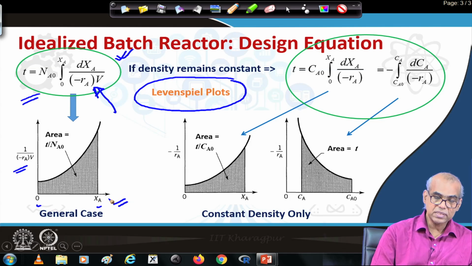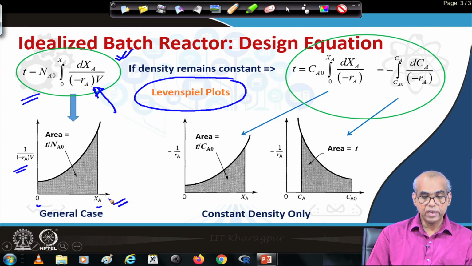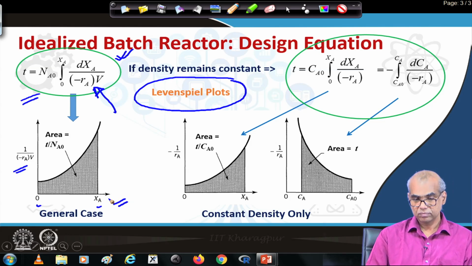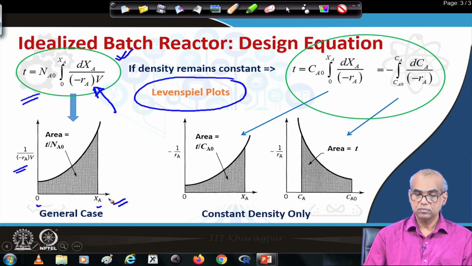So, this area is basically t by Na0. Looking at the area, you find out the time required for the given conversion. The same or similar plot can also be drawn in terms of concentration. On the assumption that density remains constant, you have these plots.